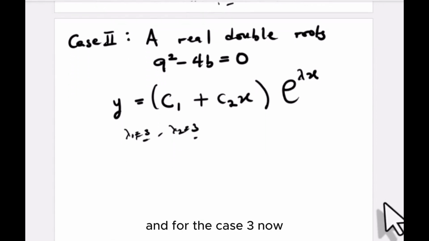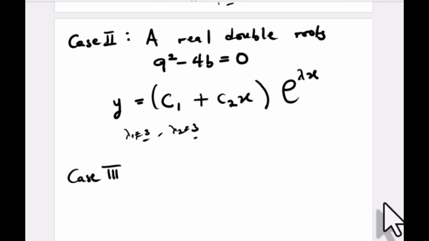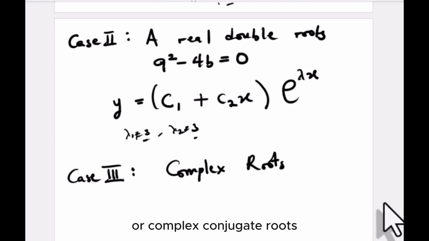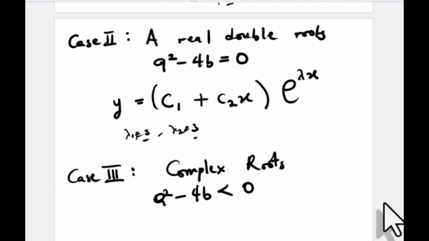And for case 3 now, we call this a complex root, or complex conjugate root. That happens when a squared minus 4b is less than 0.